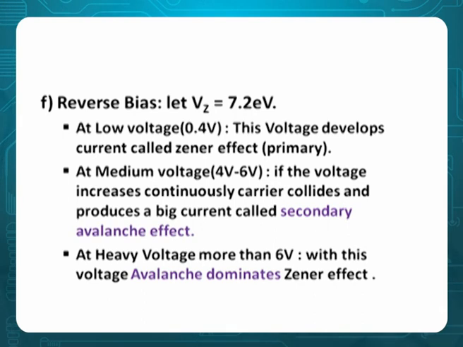Therefore, in the medium range, you have both Zener and avalanche. Zener effect is continuing and avalanche effect is initiated. But at high voltage, of course more than 6 volts in this example, it is increasing and avalanche is dominating the Zener effect. So finally the secondary current will increase.